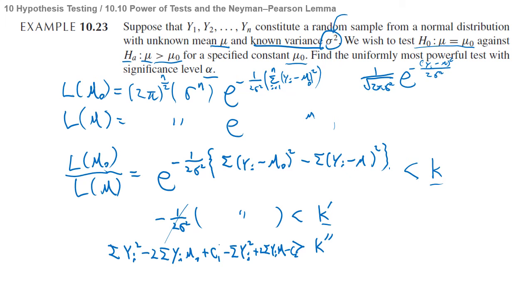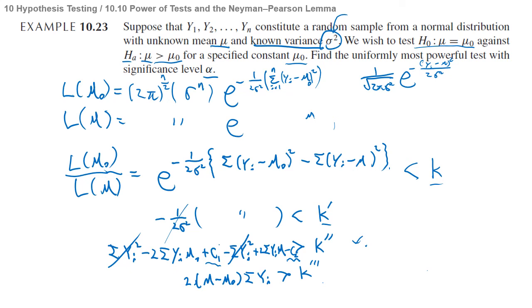Okay, this one cancelled, and 2 times (mu minus mu 0) times the sum of yi is greater than k, actually k3 dash, because these are constants, and we can move these constants to this side.